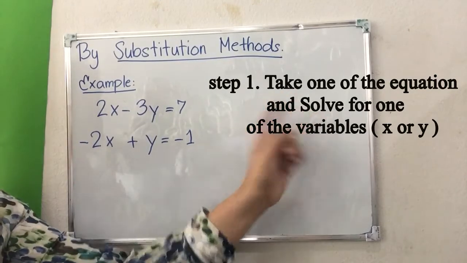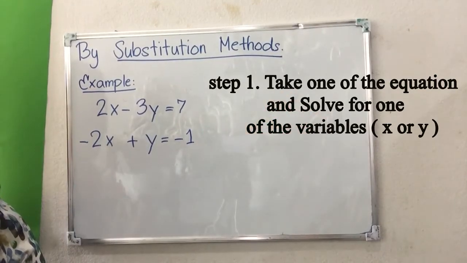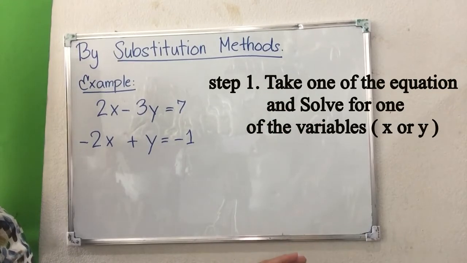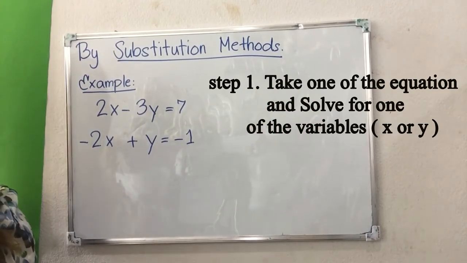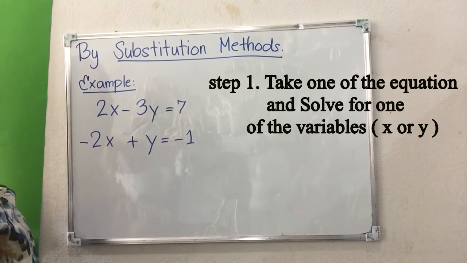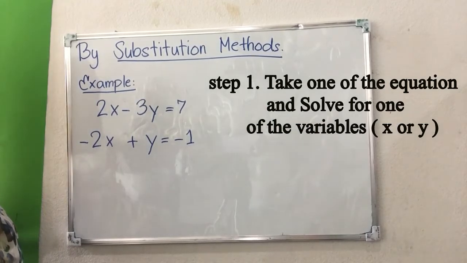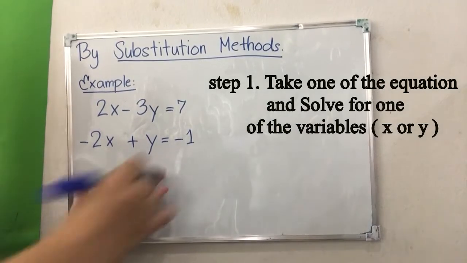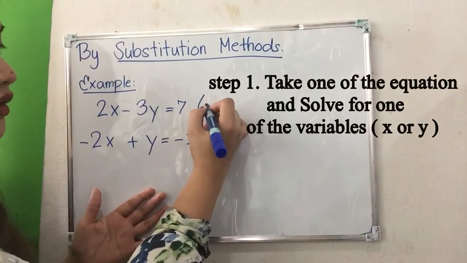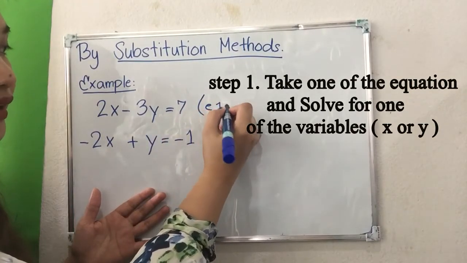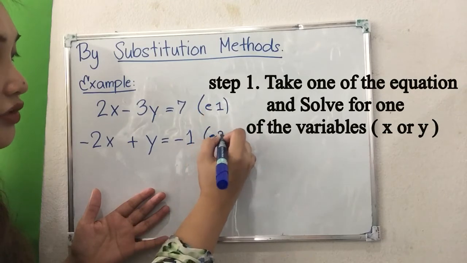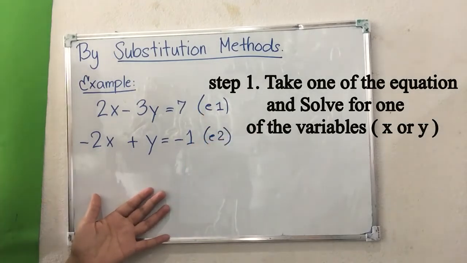Okay, so the first one, we take one of the equations and solve for the variable x and y. So first we have equation 1 and this is our equation 2.